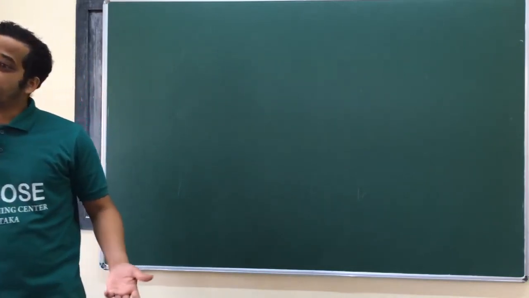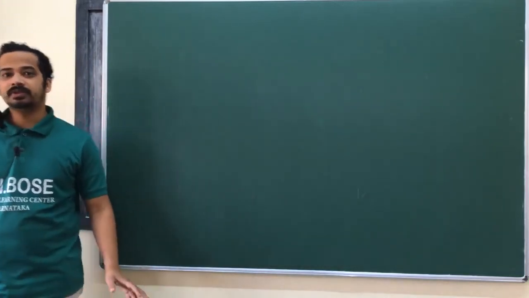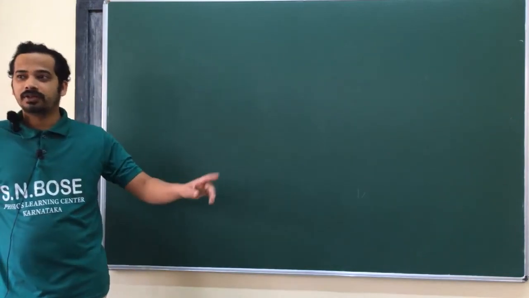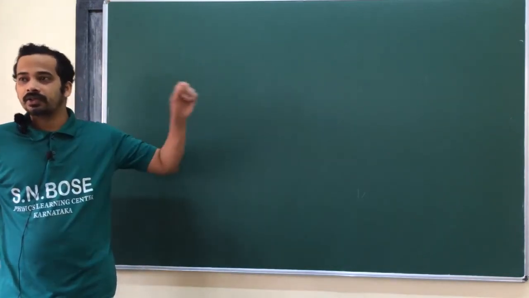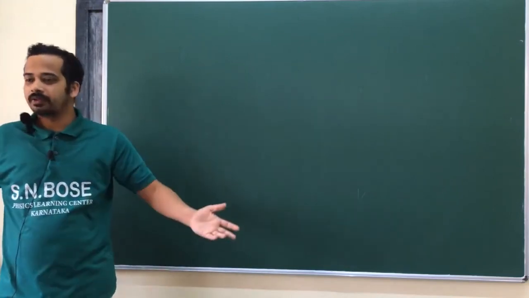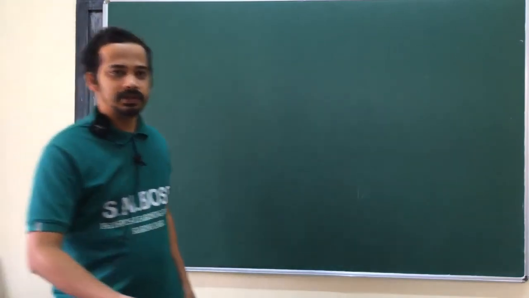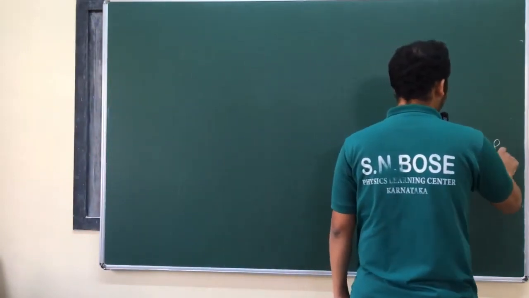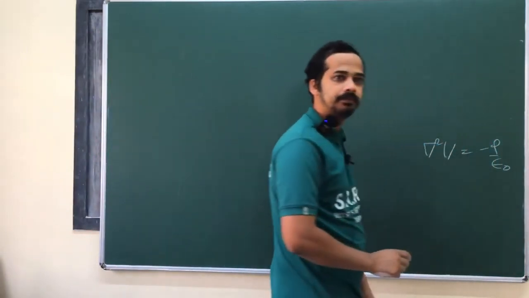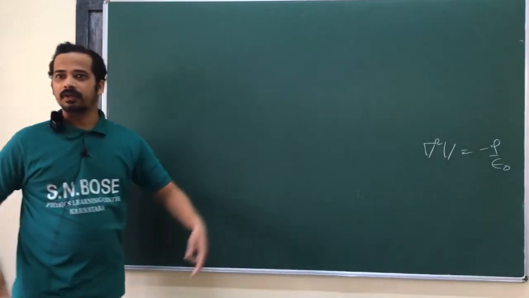You can place the image charge anywhere else. You should not disturb that one. You are not allowed to place the charge in the region of interest. If you place that one, then it's a different Poisson equation. Del square V is equal to minus rho by epsilon naught. Rho is different now.